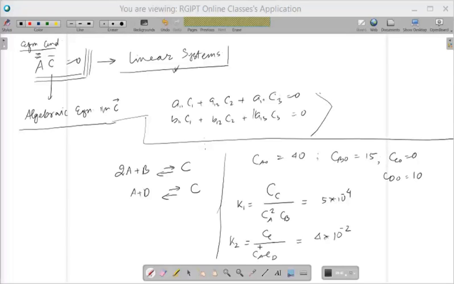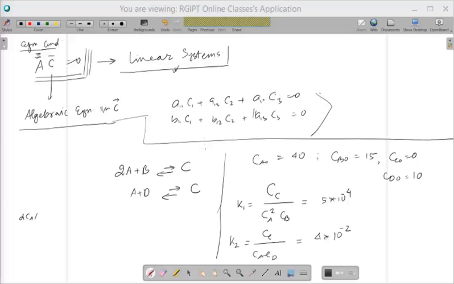So if you look at these kind of equations now, what is different in this as compared to the previous case? Suppose I'm going to write down dCA/dt. I hope you are all familiar with it.